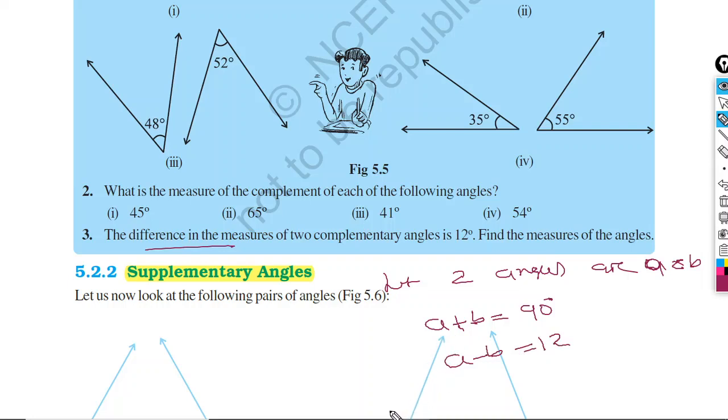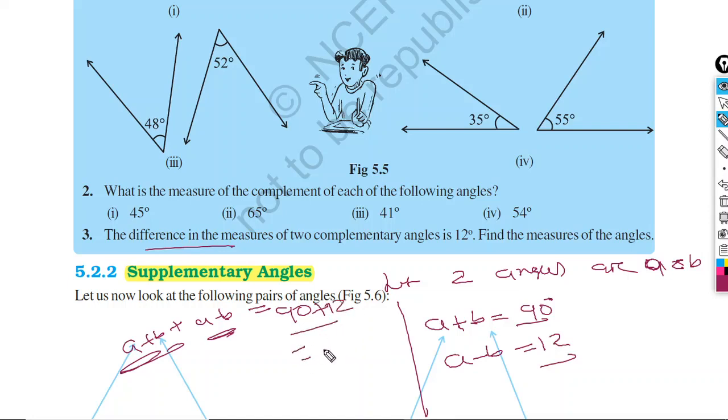Now what will we do? If you add them, A plus B plus A minus B will be equal to A plus B, which is 90, plus A minus B, which is 12. So 90 plus 12 is 102. Here you write A plus B and A minus B, so plus B minus B will cancel.